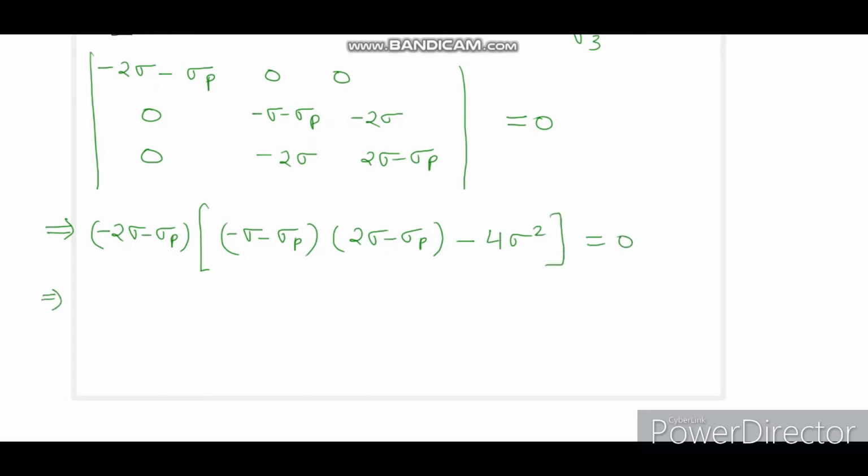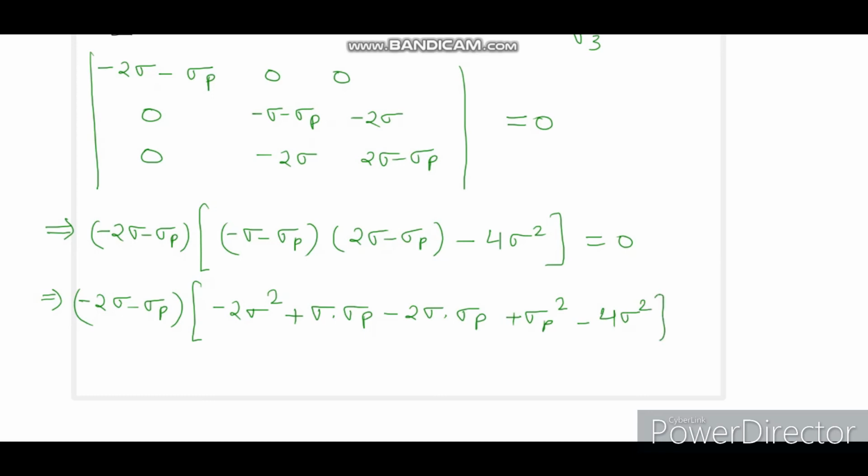Or we can also simplify this, here by taking minus 2 sigma square plus sigma into sigma p minus 2 sigma into sigma p plus sigma p square minus 4 sigma square equals to 0. This becomes minus 2 sigma p into sigma p square.